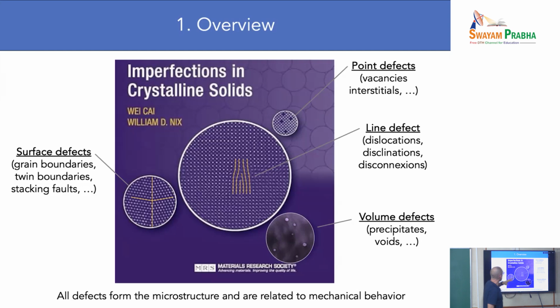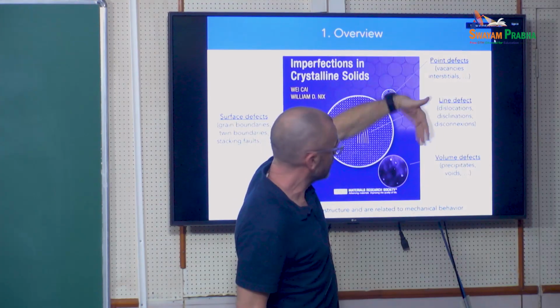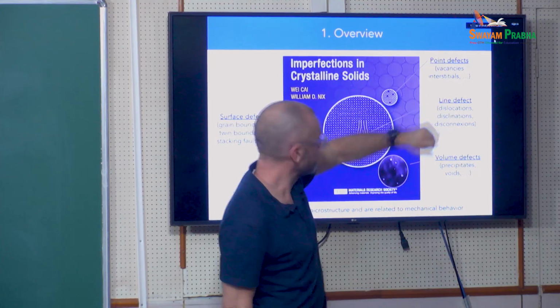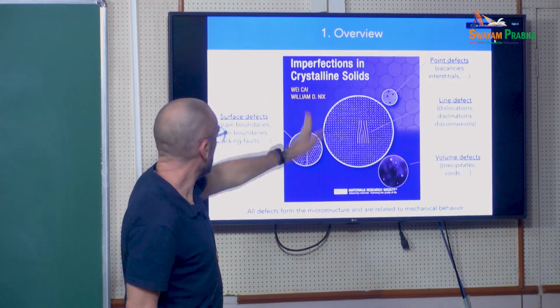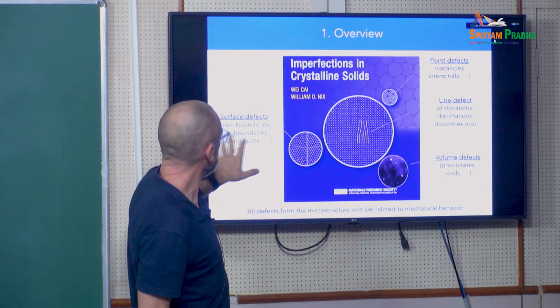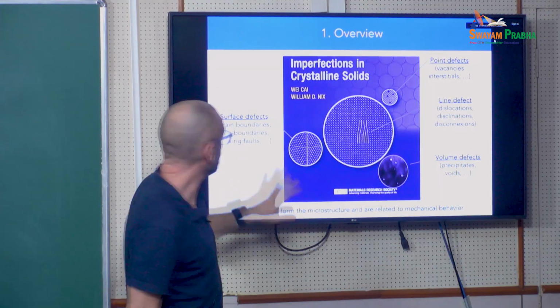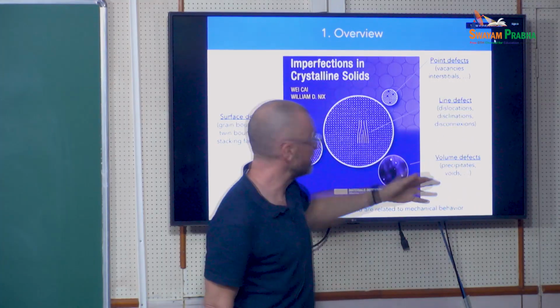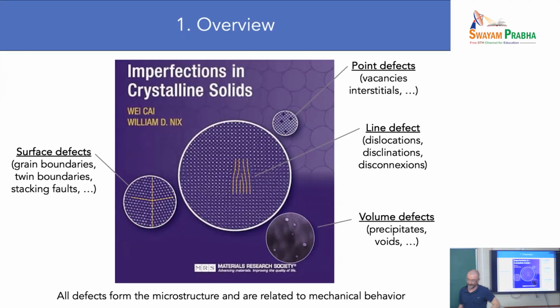The 4 main classes of defects are point defects, vacancies, interstitials; line defects, so 1D defects, dislocations, and I'm also going to say a little word about disclinations and disconnections. Then we have surface defects that can be grain boundaries, twin boundaries, stacking faults that we have already talked about. And then we have the volume defects, precipitates and voids, right?